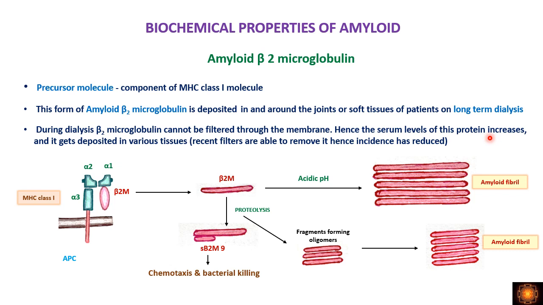Once the levels increase, they get deposited in different organs. But nowadays we have recent filters which are able to remove it also, so the incidence is getting reduced. But previously, patients who had chronic renal failure and were undergoing dialysis had the complication of beta 2 microglobulin deposition in different organs.